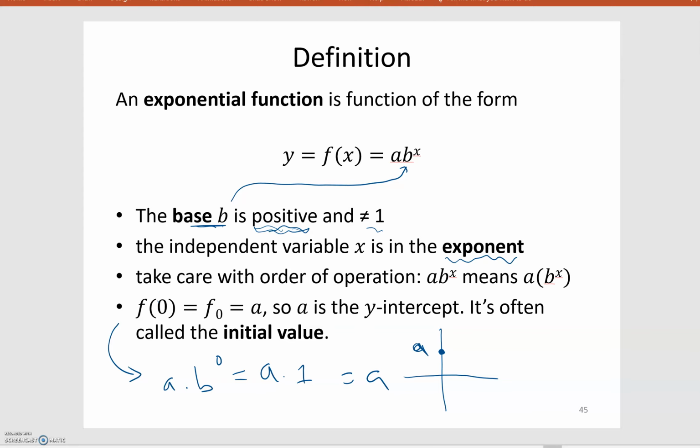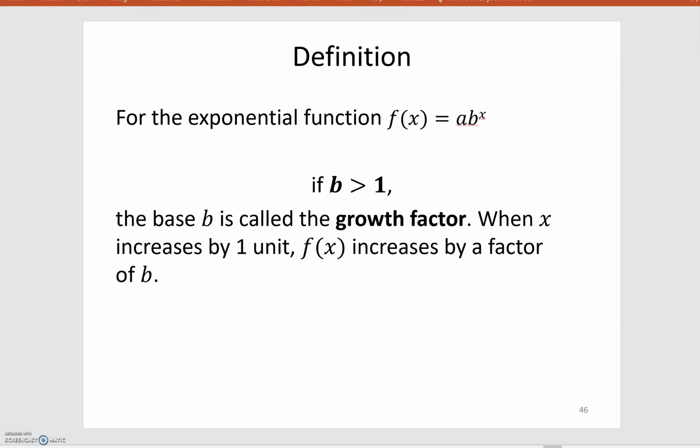Okay, so we certainly need to talk about what it looks like, and we'll get to that in just a moment. But let's talk a little bit more about this base. I know we just defined the b value, and I called it the base, but there's another very important name for this. This slide is particularly talking about the growth factor, but in a general fashion, you can just think of b as the factor.